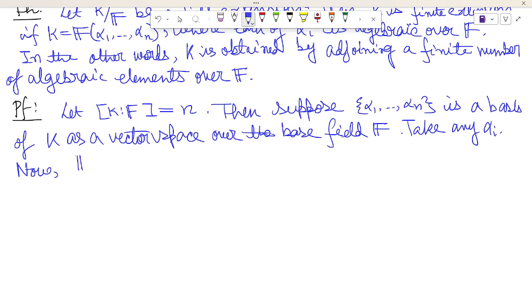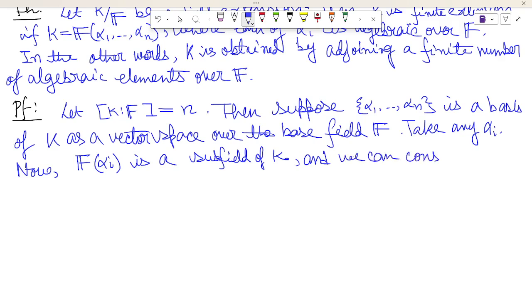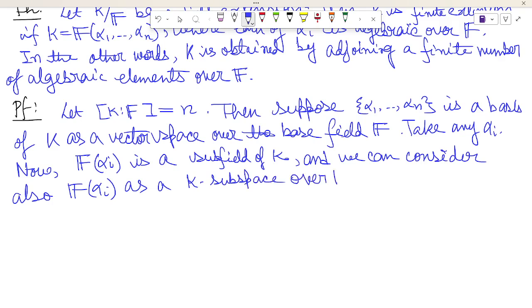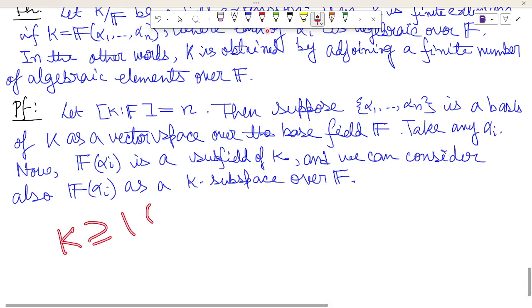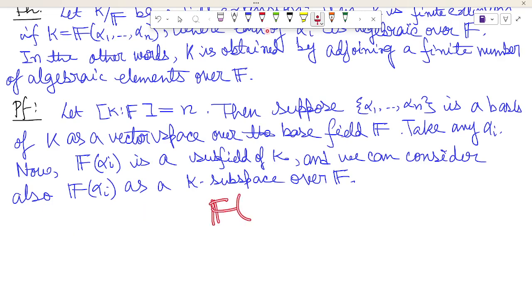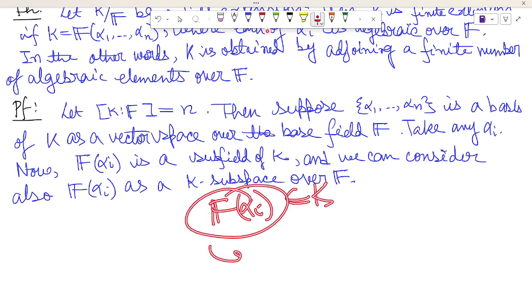Now F(alpha i) is a subfield of K, and we can also consider F(alpha i) as a subspace of K over F, because first of all it is a subset of K, and we can think this is a vector space over F. Why?